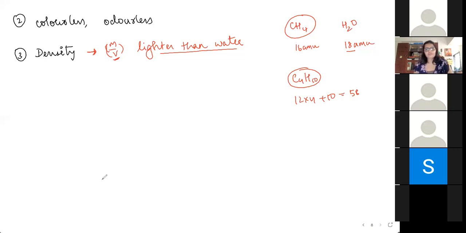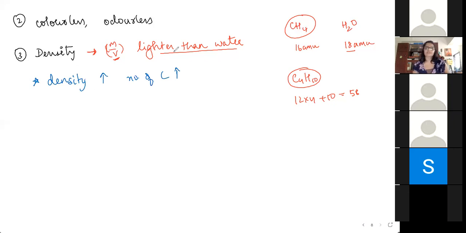Also, what do you think would be the trend within alkanes? So do you think density increases with molecular mass, decreases, or is it going to be constant? Increases. Yeah, density increases as the number of carbon atoms increases. Just like boiling point and melting point, this is also directly proportional.